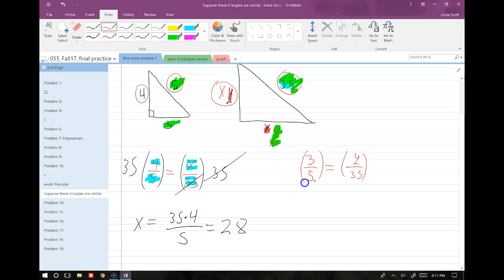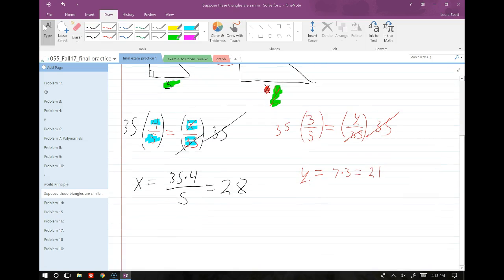Once again, multiply both sides by 35, which cancels the denominator, and we have y equals 35 over 5 times 3. And that is 7 times 3, which is 21. Alrighty, so that's a similar triangles example.